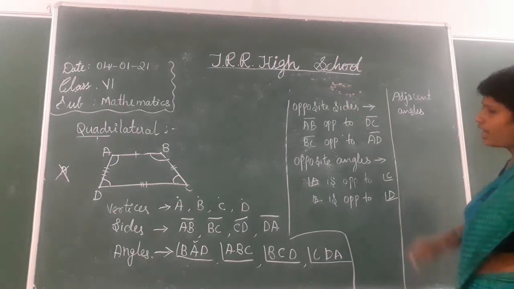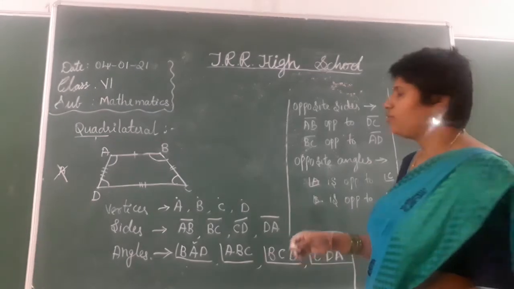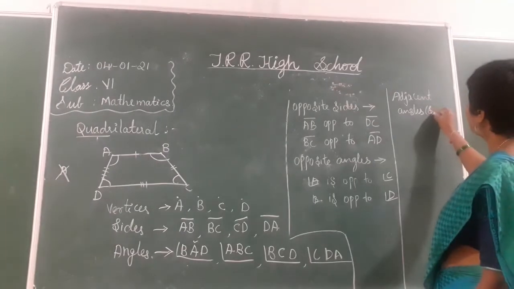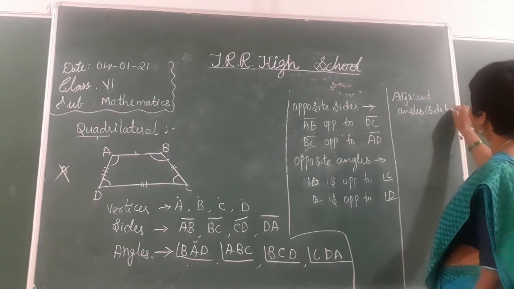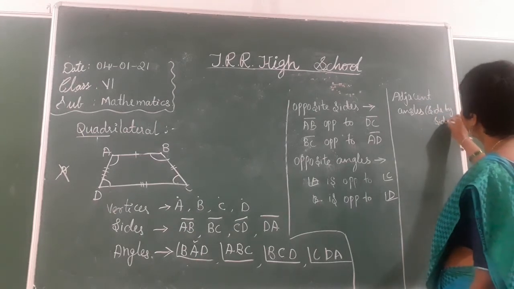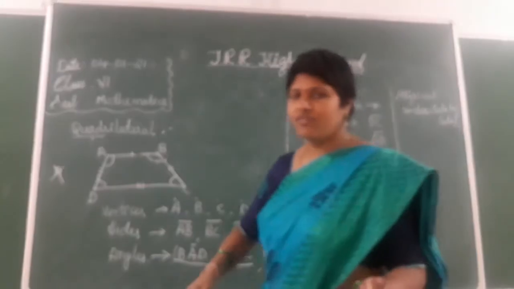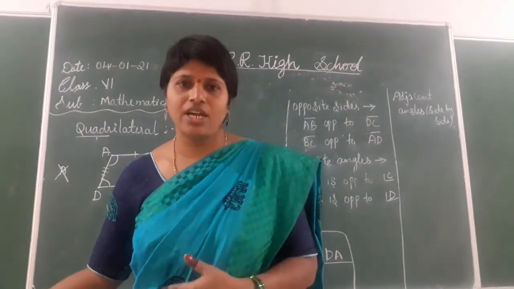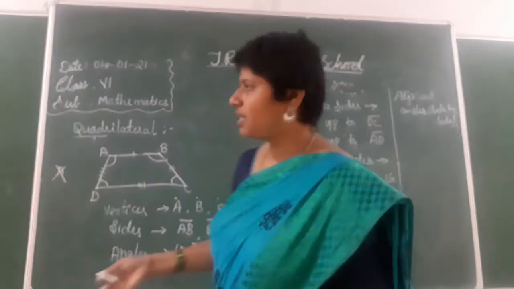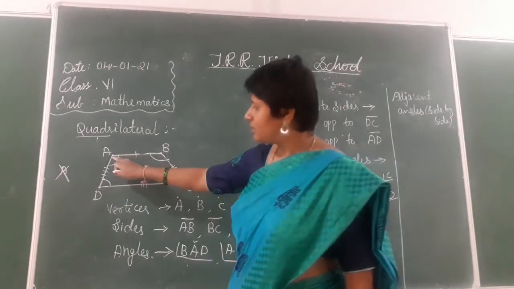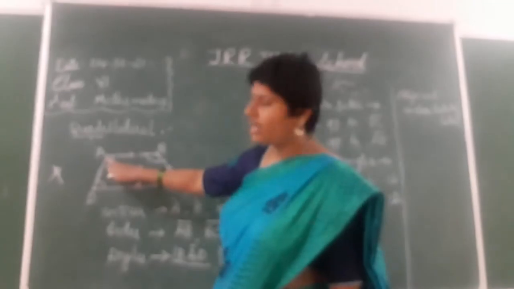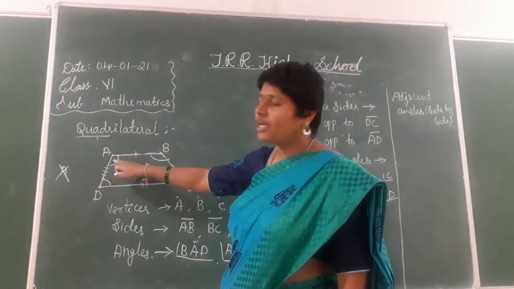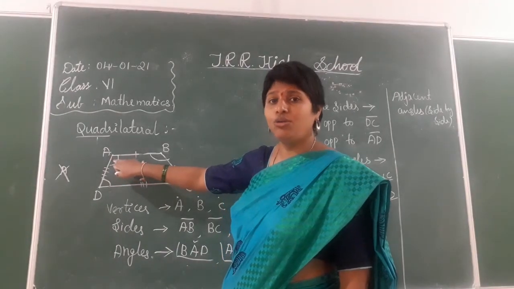And one more, adjacent angles. Adjacent is nothing but side by side, or beside. Your friends will sit along with you. Who is next to you, who is sitting beside you, you will see. In the same way, here the angle A is there. What are the two angles which are nearby, near to A?